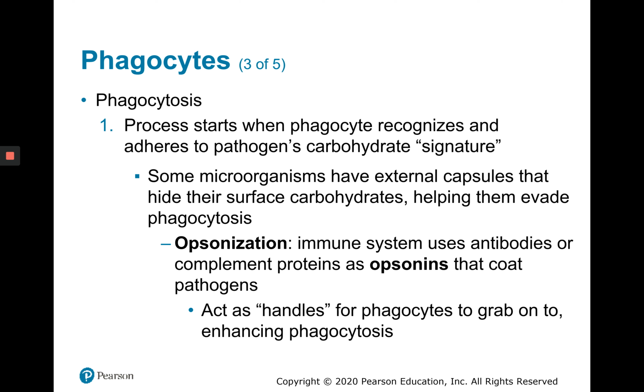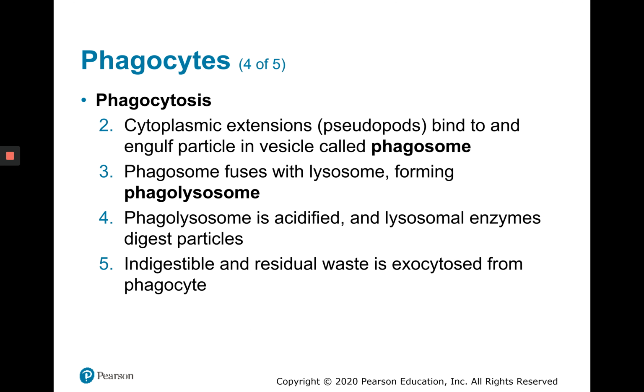Essentially, we would put little surface markers that our immune system could recognize as, hey, that's something we should destroy, and that would enhance phagocytosis. Said another way, opsonization is the coating of a microbe to make it easier to phagocytose. The coating essentially puts molecules that act as red flags to phagocytes, making them easier to recognize by things like macrophages or neutrophils.